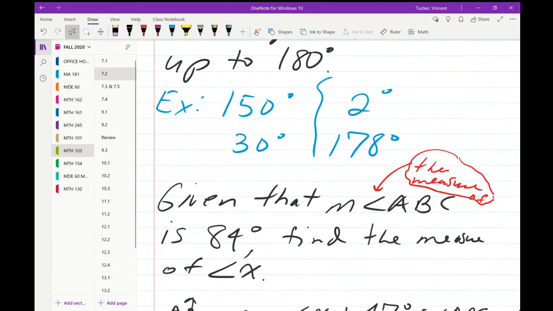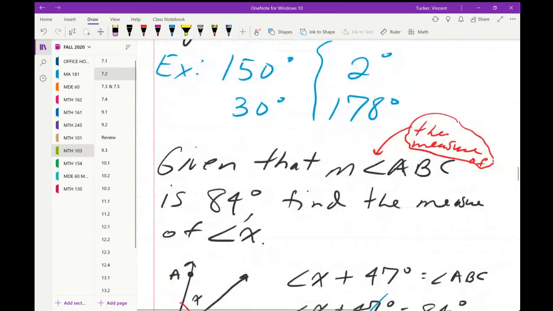All right, so let's look at an example. The next example that he gives says, given that the measure of angle ABC is 84 degrees, find the measure of angle X. That symbol that looks like an angle, then ABC, just means the measure of.